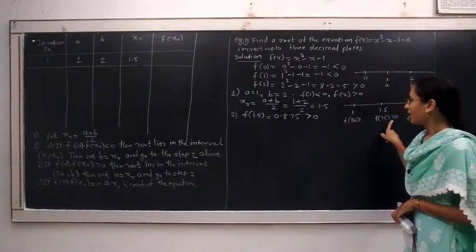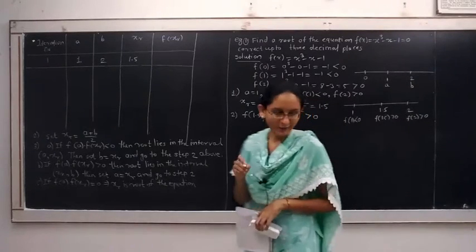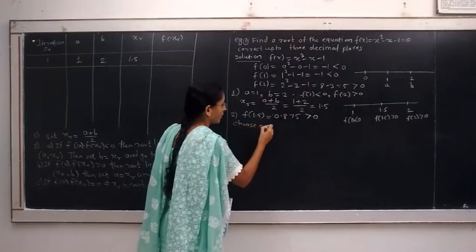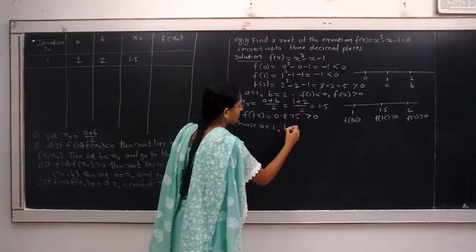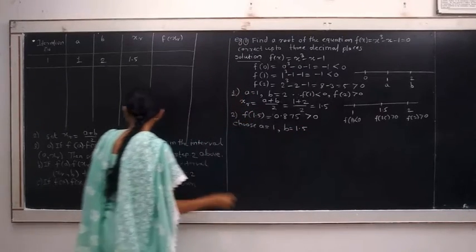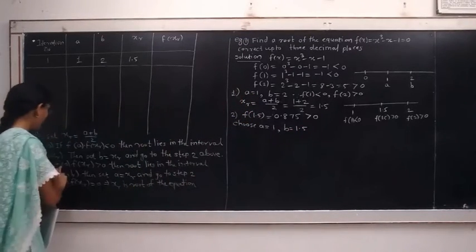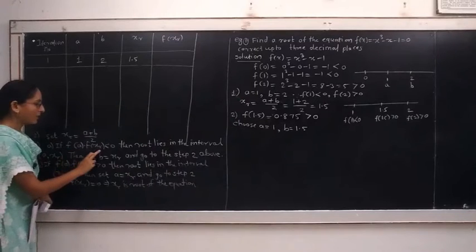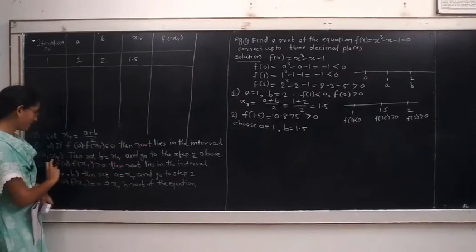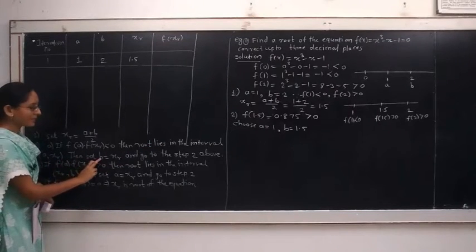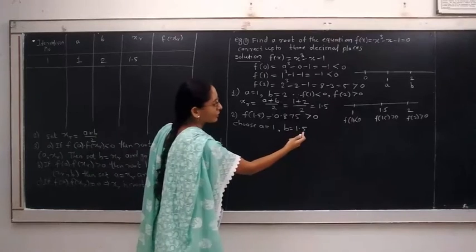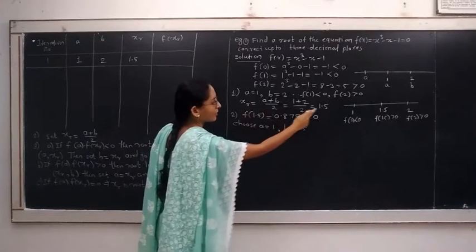Hence, choosing a is equal to 1 and b is equal to 1.5, because this step tells that if f of a into f of xr is less than 0, then root lies in the interval a to xr, then set b is equal to xr. We have taken b is equal to xr value is 1.5.